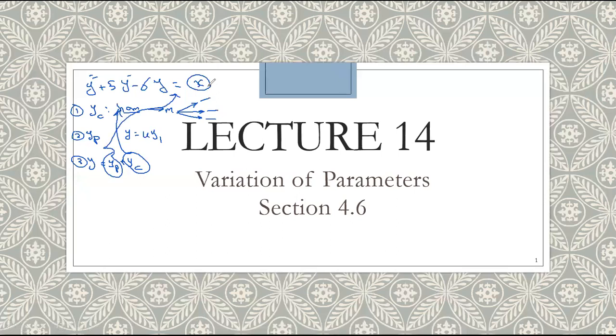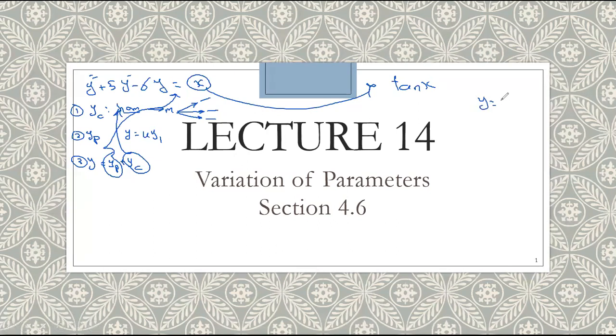Now, if my g(x), this function, is tan x, maybe, so no annihilator for it. What should I do? In the previous lecture, we learned the reduction of order method, and don't forget that in the reduction of order method, you need to use 2 substitutions.